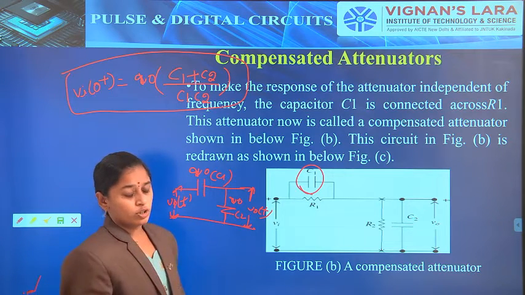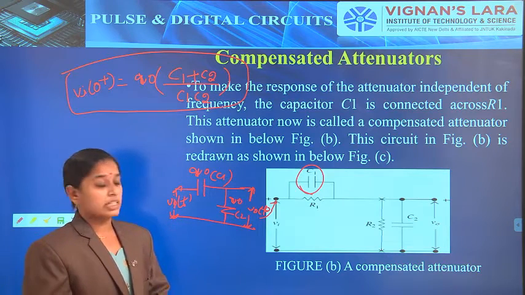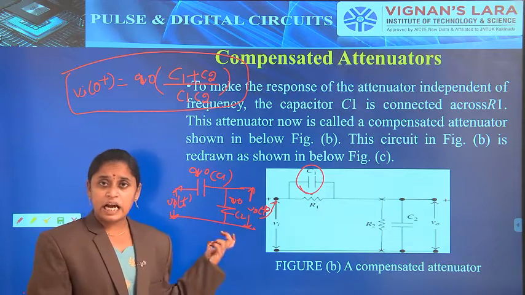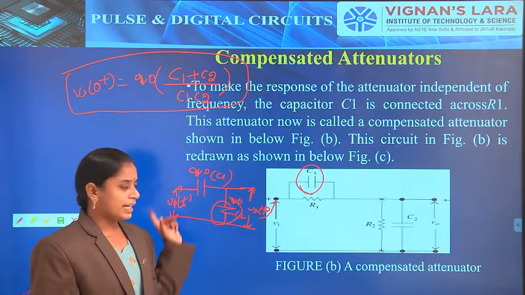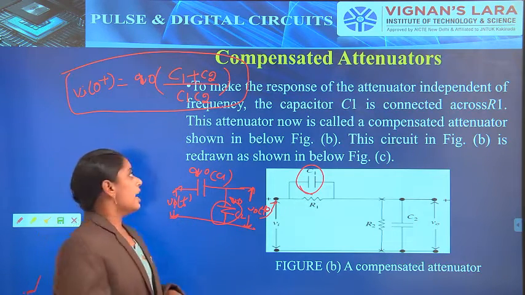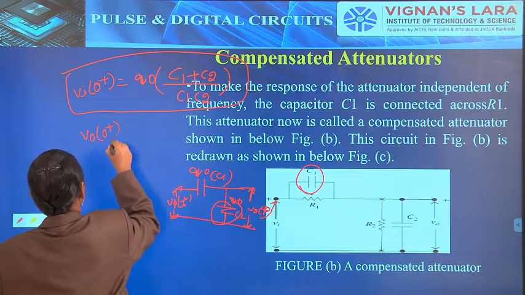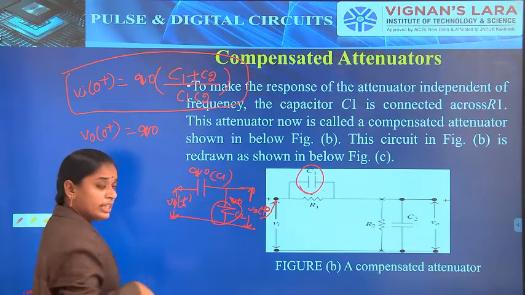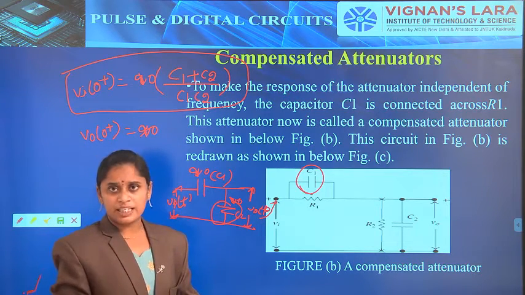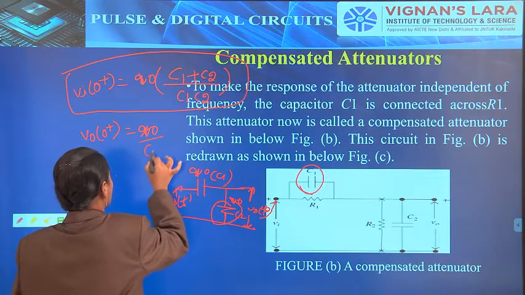We take V0 of 0 plus at the 0 plus condition. The output is taken across capacitor C2, so V0 of 0 plus becomes Q0 by C2.